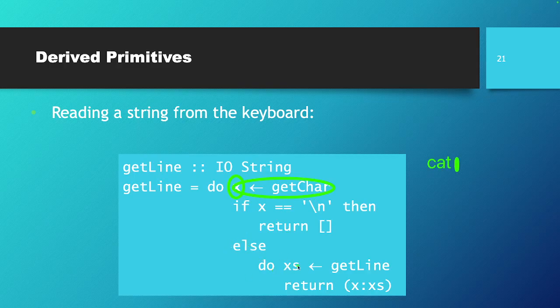So else do, now this is getLine. So what you're going to do is you're going to say, well, run getLine to get XS, and then you have your X from here, right? And put that at the beginning of what's coming next.